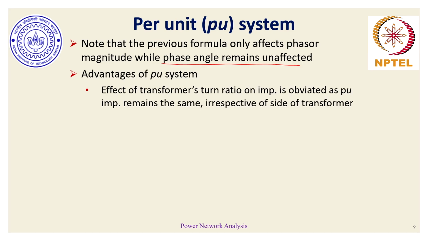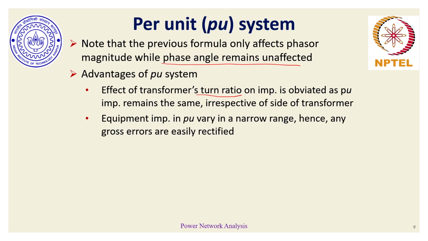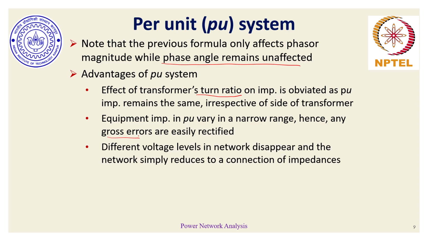An advantage of per unit system, which we will see in today's discussion, is that the effect of transformer's turn ratio on impedances is completely avoided. It appears that in per unit system, this actual transformer doesn't remain as a transformer in the corresponding equivalent modeling. The equipment impedances tend to vary in a very narrow range, so gross errors can be easily identified and rectified.